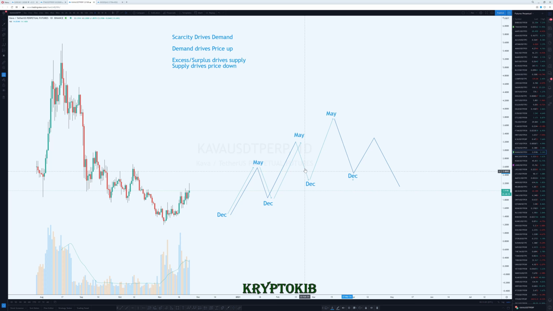If it forms a higher low to the previous December, then when May comes again, because people are still not buying, we have alternatives now, it wouldn't go beyond the highest price it made in May when the bad news came out or when people stopped buying.